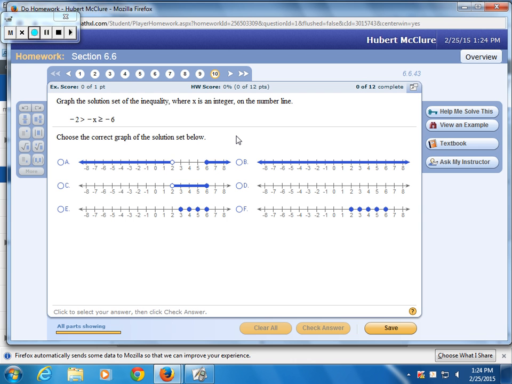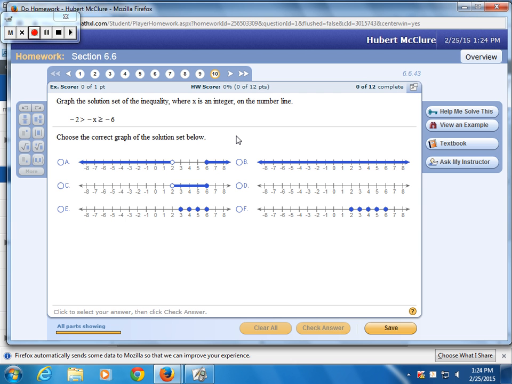What do you notice about this problem? The variable is in the middle, so you really can't move it. It has to stay in the middle for your solution set. The only thing to do here is divide through by -1, and if you do it on one side, you have to do it on all sides.